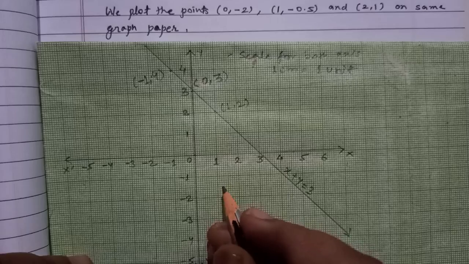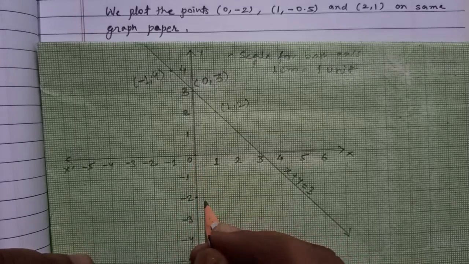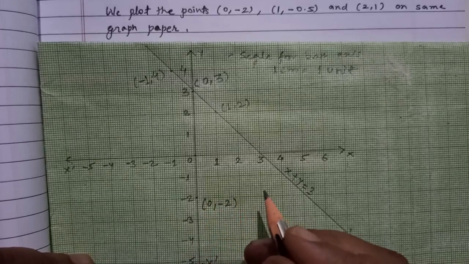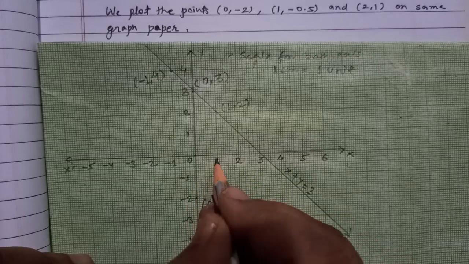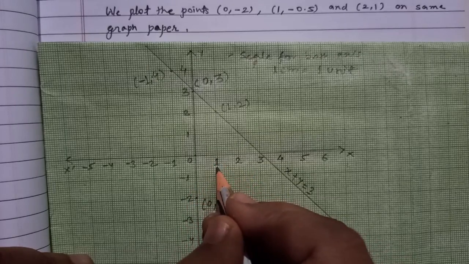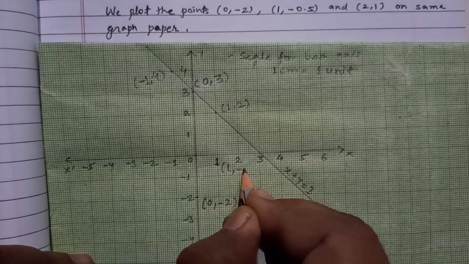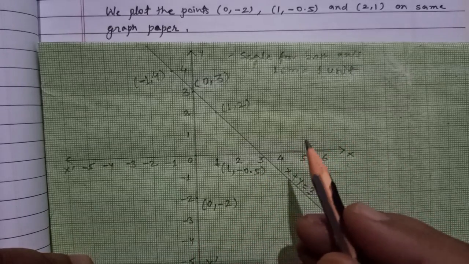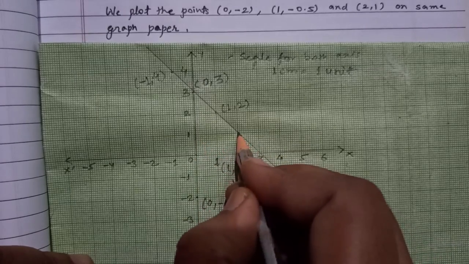First point of the second equation is 0, minus 2: x coordinate 0, y coordinate minus 2. Second point is 1, minus 0.5: x coordinate 1, y coordinate minus 0.5. And third point 2, 1: x equal to 2, y equal to 1.